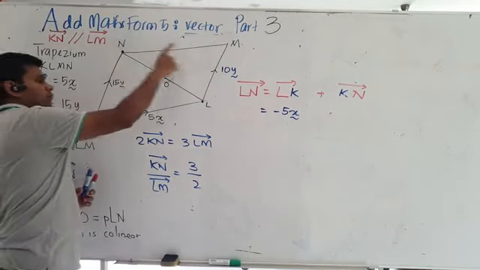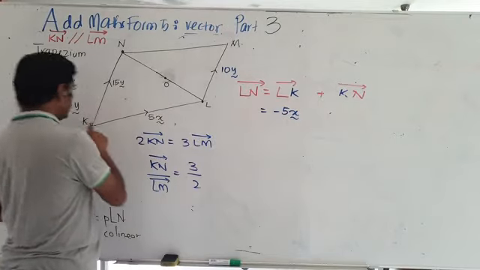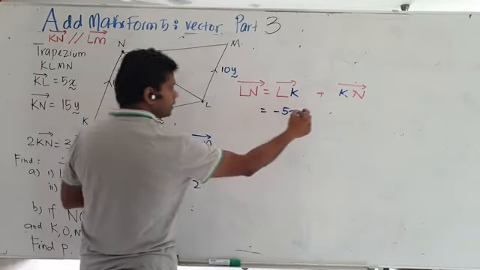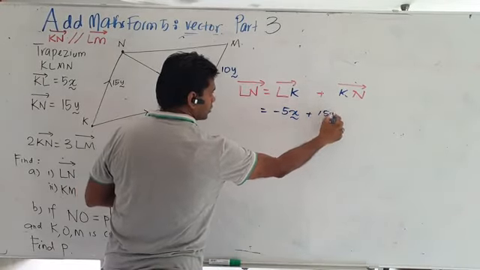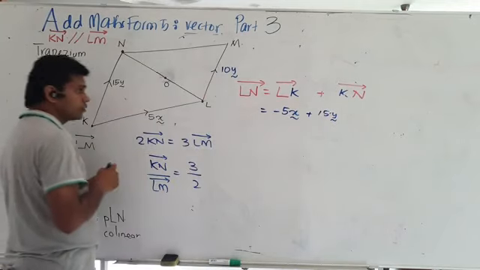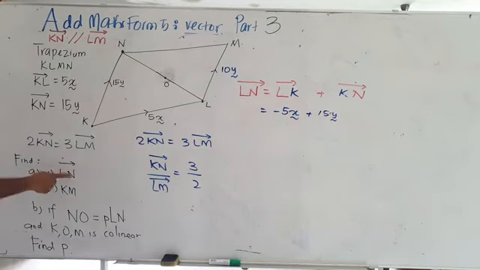Then we have KN. KN is 15y, so please plus 15y. So that is your answer, done. Therefore, we have found the first part, LN, which is 1 mark in exam.